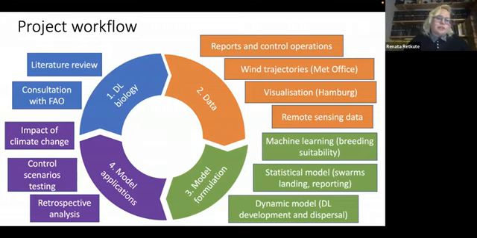Of course we did the literature review, and most of the literature is quite old, as locusts have been observed and investigated since biblical times. In terms of data, there is quite a good system of reports and control operation data sets. We were interested in wind trajectories and wanted to understand them, so that came from collaboration with the Met Office.